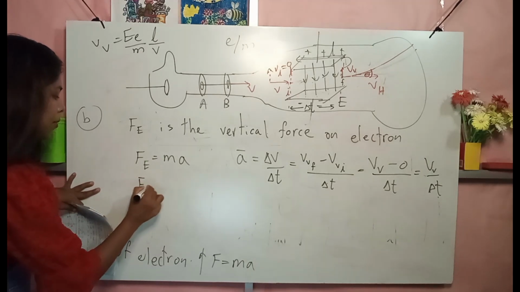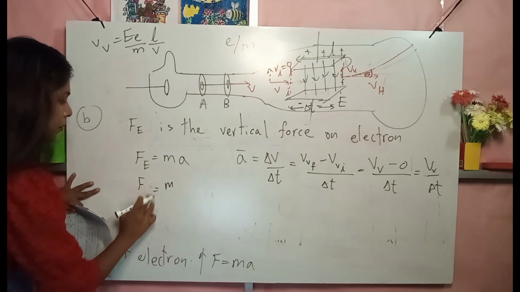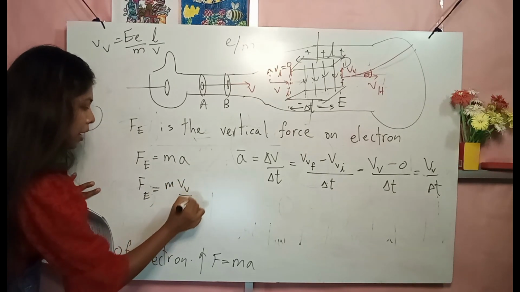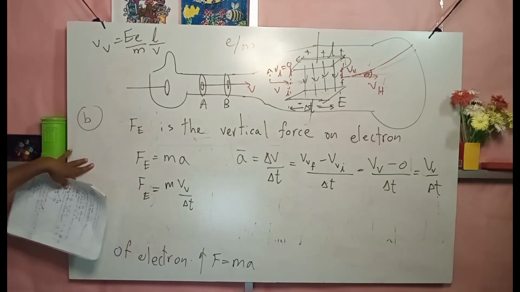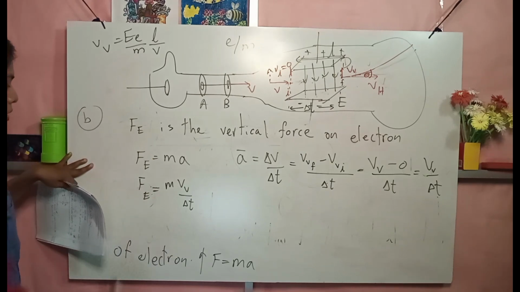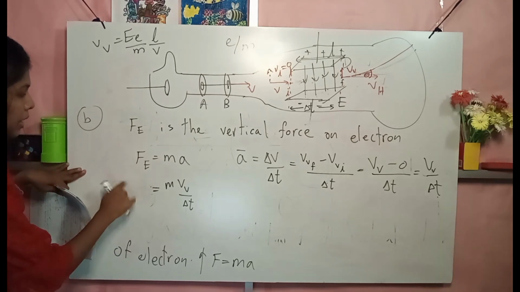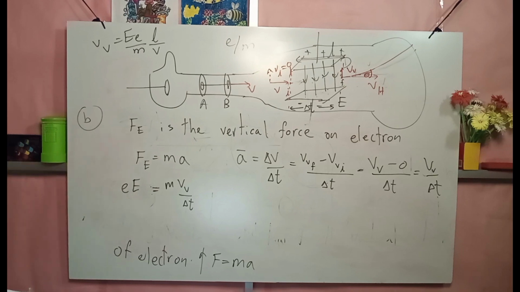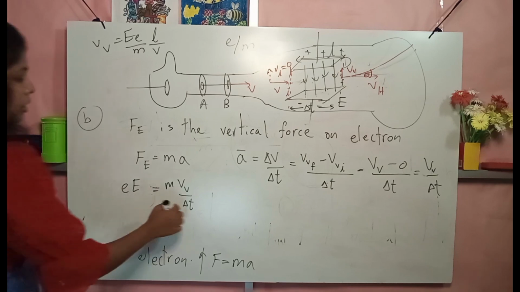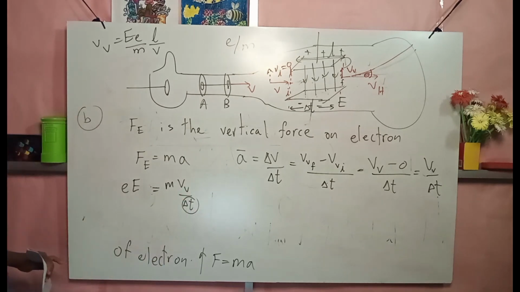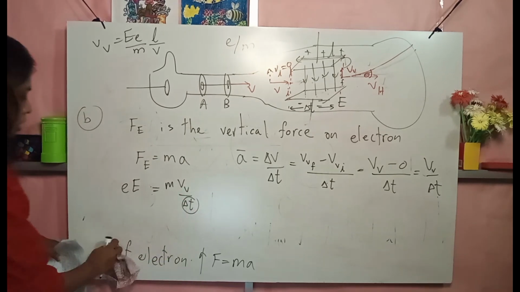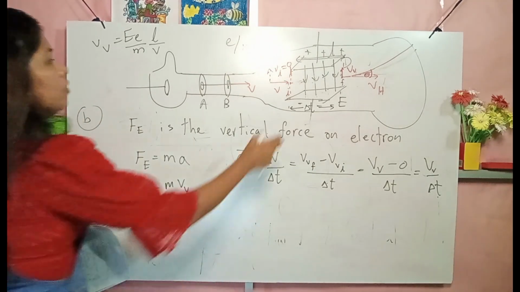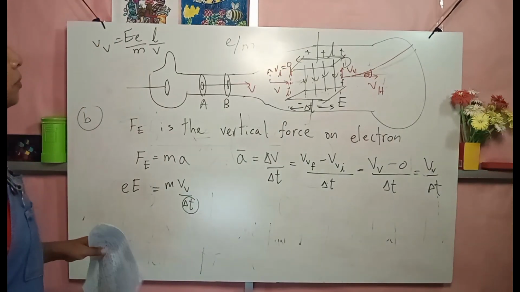So Fe can be written as m VV divided by delta T. Then Fe is eE, so Fe can be written in terms of eE. Then we have to solve for this delta T. We have to find this delta T in terms of the provided parameters.